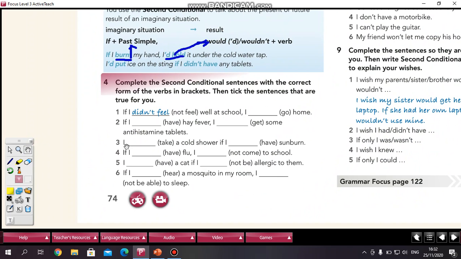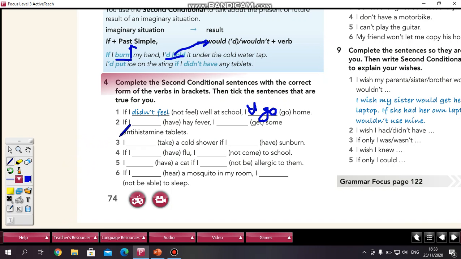And here you have an exercise. Complete the second conditional sentences with the correct form of the verbs in brackets and tick the sentences that are true for you. If I didn't feel well at school, I'd go home.